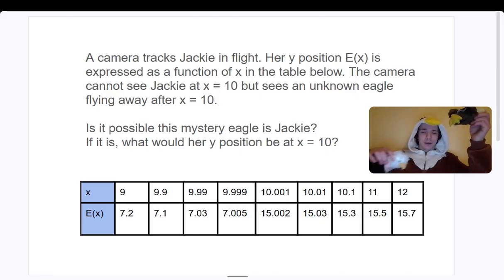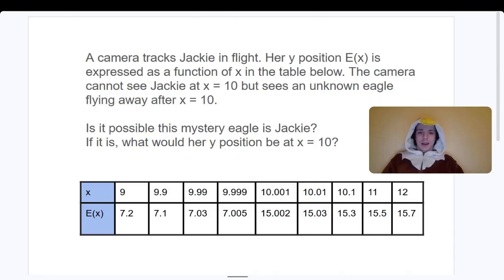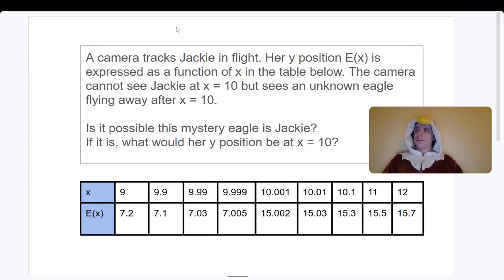The other eagle would have had to have flown in from some higher point because as it's really close to 10, its position is way different than Jackie's position as she's really close to 10. And that is how you describe a limit.